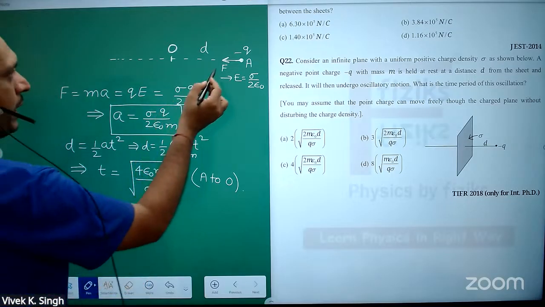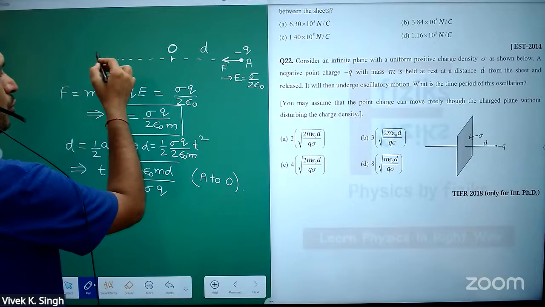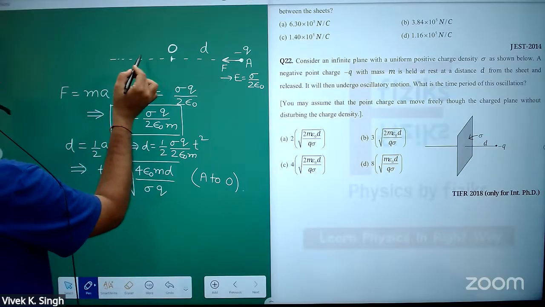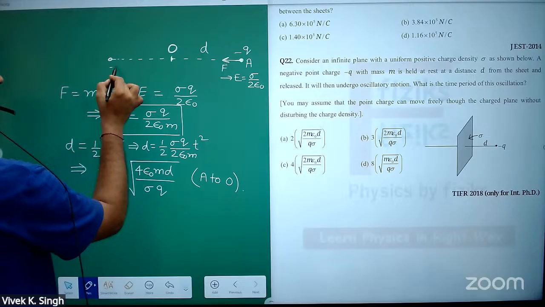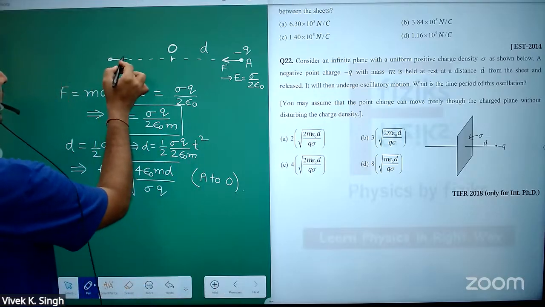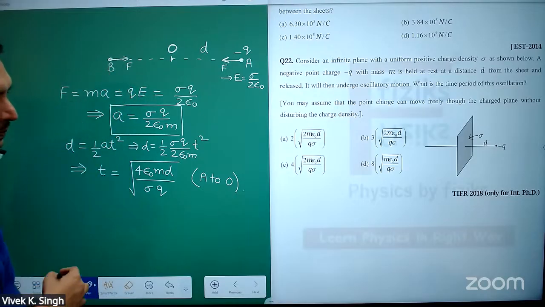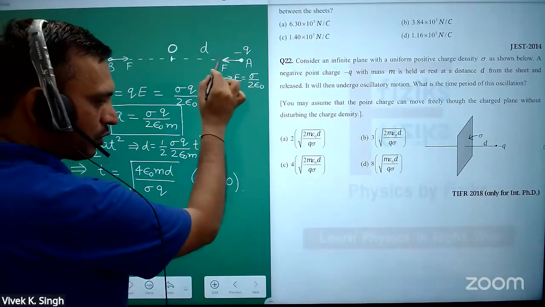Now what will happen? Once the charge reaches here, because it is in motion, due to inertia it will cross the plane, and now when it moves here, it will experience force in the opposite direction, and maximum it can go up to this point B. Then again it will be attracted towards the sheet, cross it, and move back.